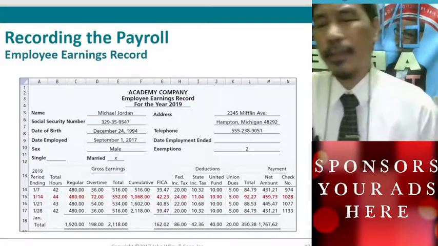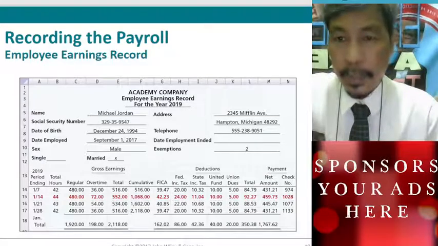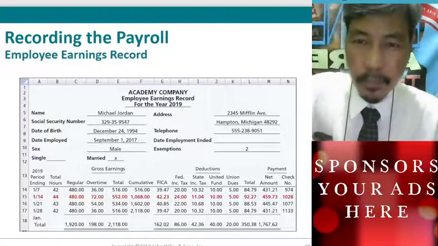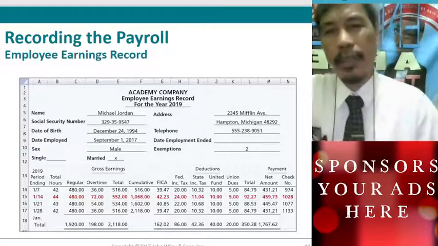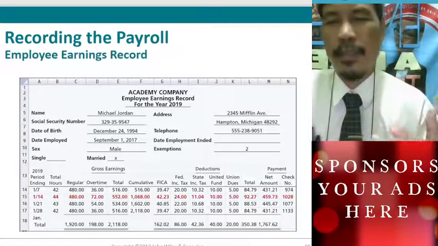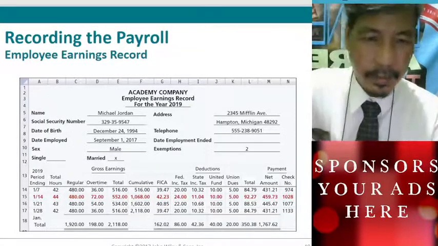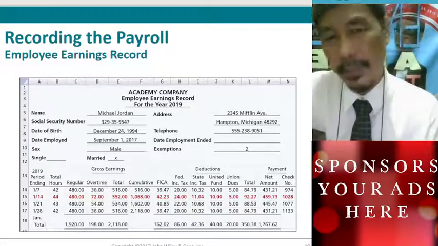I paid about 1.7 million for 4 years total tax. Imagine that. It's too much. About 1.7.